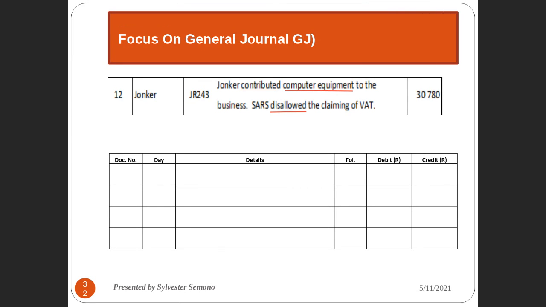Remember, sometimes SARS will allow you. For this kind of a question, they must always be specific, whether we have been allowed or disallowed. So please think about your accounting equation and give me the two accounts involved. And when you give me those two accounts, tell me which account is that. Is it an asset or owner's equity? Is it increasing or decreasing? Under which side is it increasing or decreasing? Please write it on the chat. I want the accounts involved.